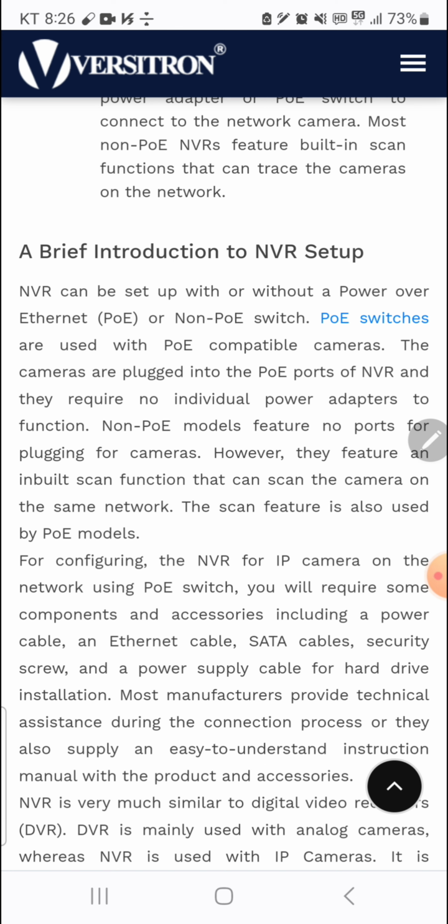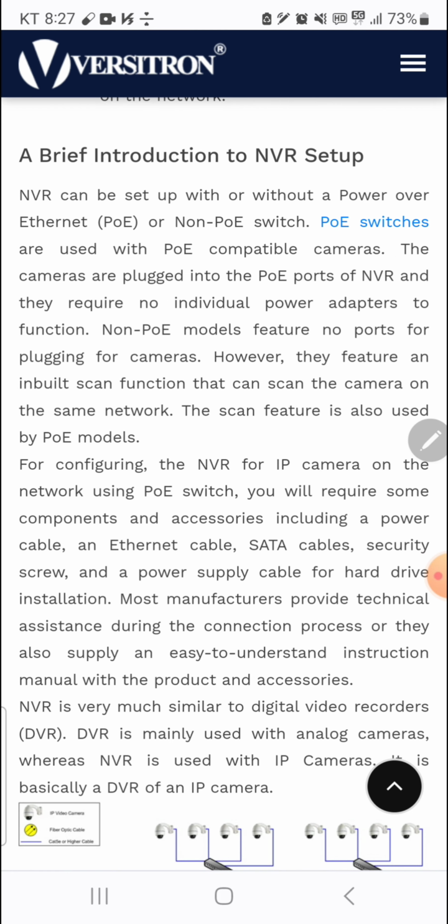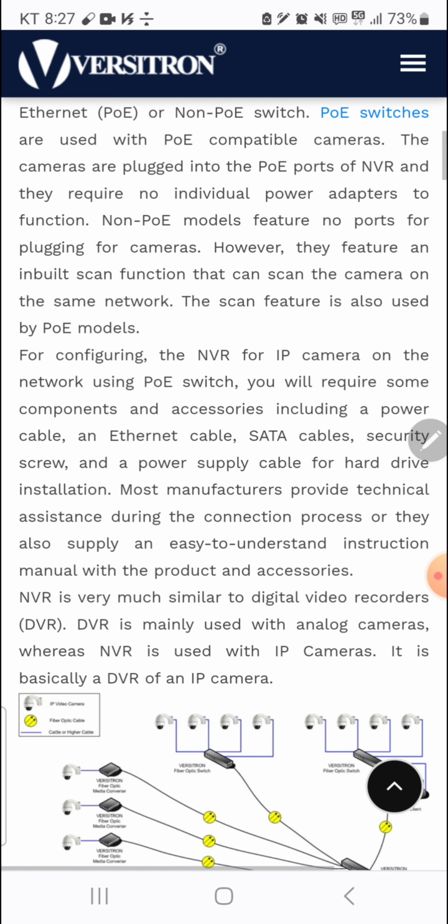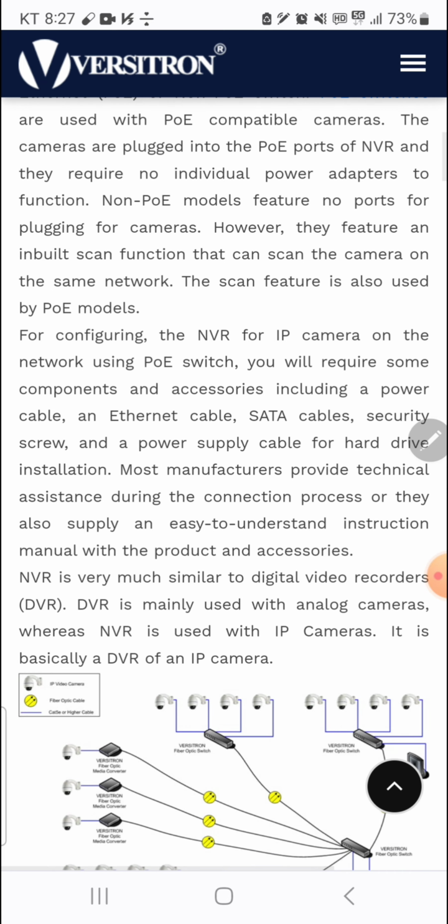A brief introduction to NVR setup. NVR can be set up with a power over Ethernet or non-PoE switch. PoE switches are used with PoE compatible cameras. The cameras are plugged into the PoE ports of NVR, and they require no individual power adapters to function. Non-PoE models feature no ports for plugging in cameras.